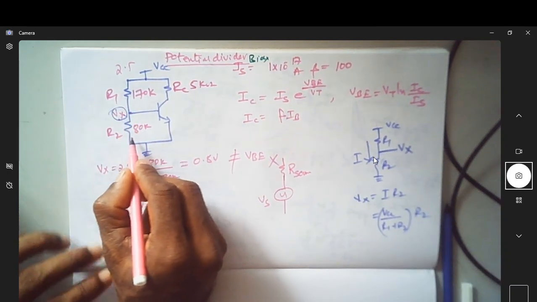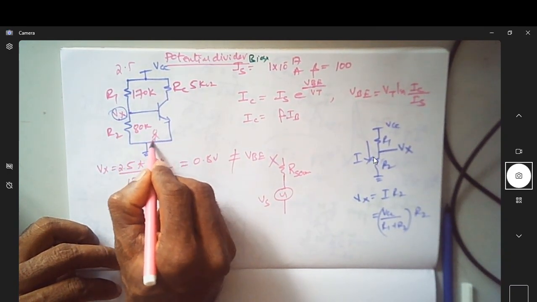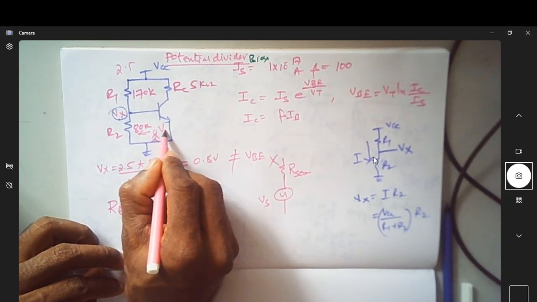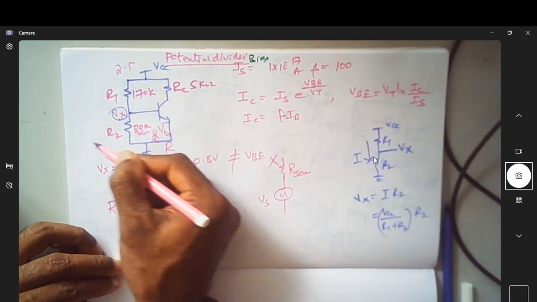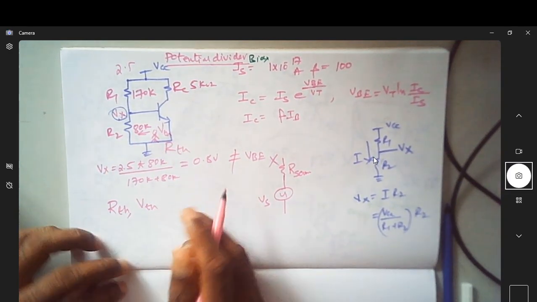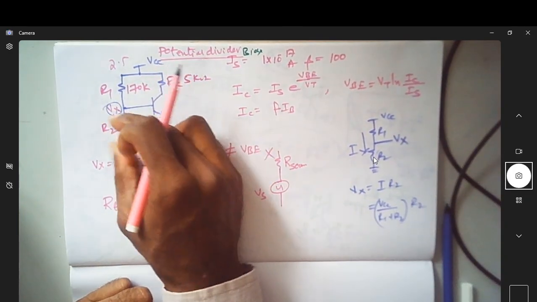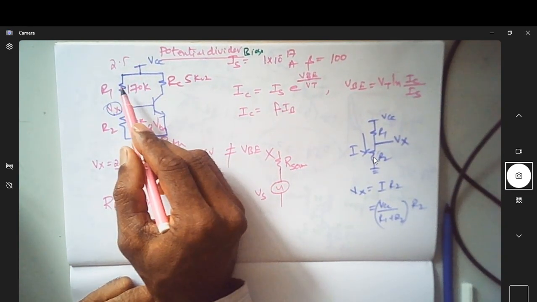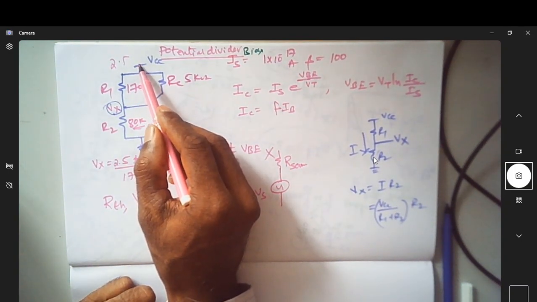What is R Thevenin, V Thevenin? If you stand here and look towards this side, whatever voltage that you see is called V Thevenin. Whatever resistance that you see towards this is R Thevenin. So whenever you are looking for R Thevenin, you should not consider this source; treat this as ground.